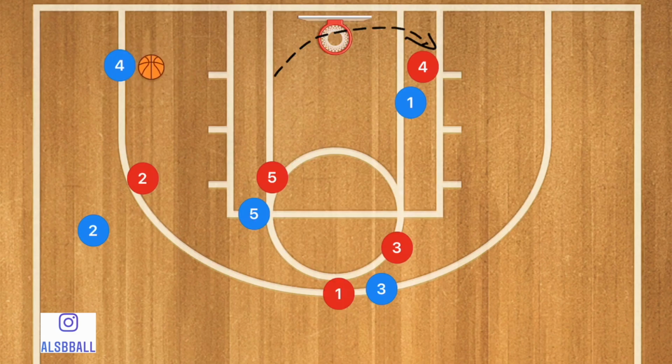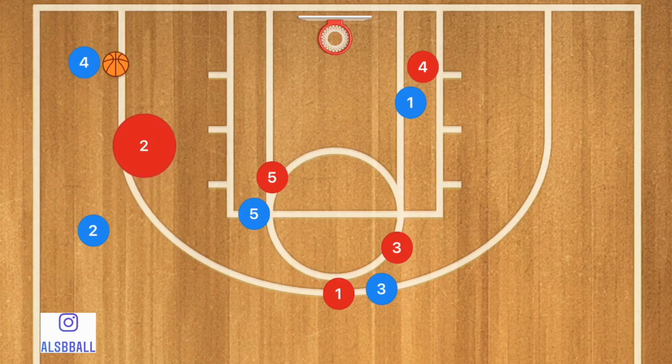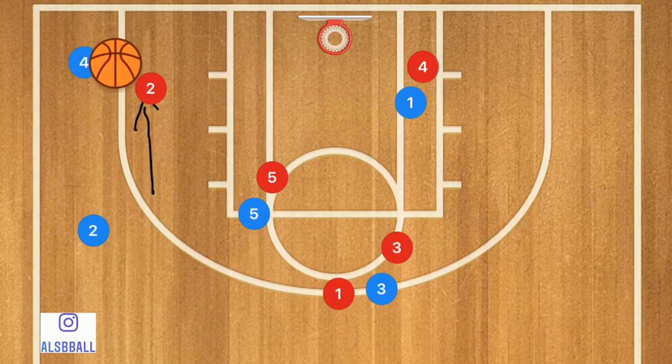Now, going from there, read and react is a huge thing now in the NBA as well as basketball worldwide, and I am a huge advocate for read and react. So if player 4 has that open shot, most likely there's going to be help defense coming, and that's going to be in the form of player 2 dropping down, which means the extra pass would be to player 2 for the 3-point shot.